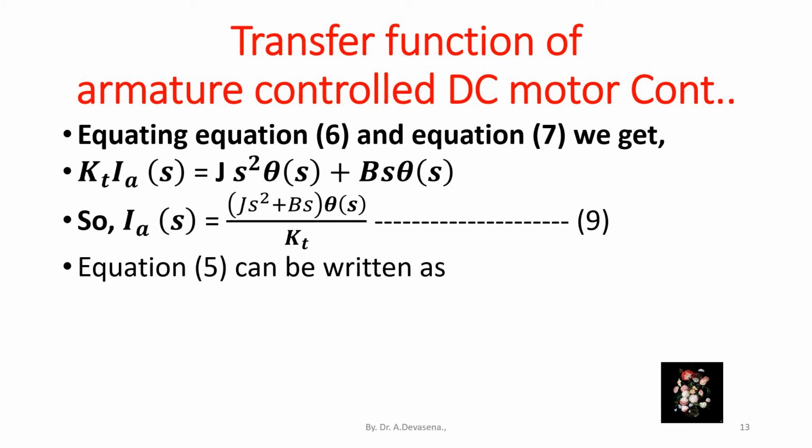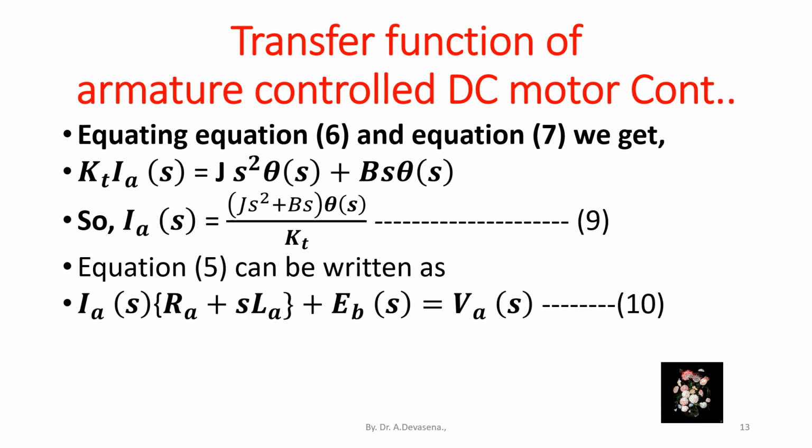Equation 5 can be written as, if we take the I_A(s) term common, I_A(s) into (R_A plus s L_A) plus E_B(s) is equal to V_A(s). Consider this as equation 10.